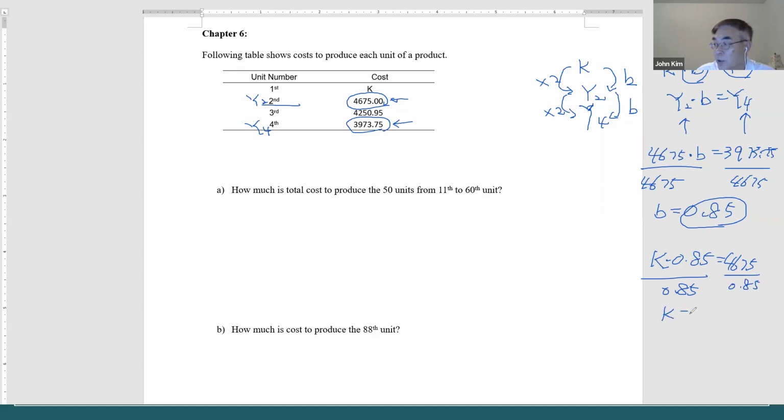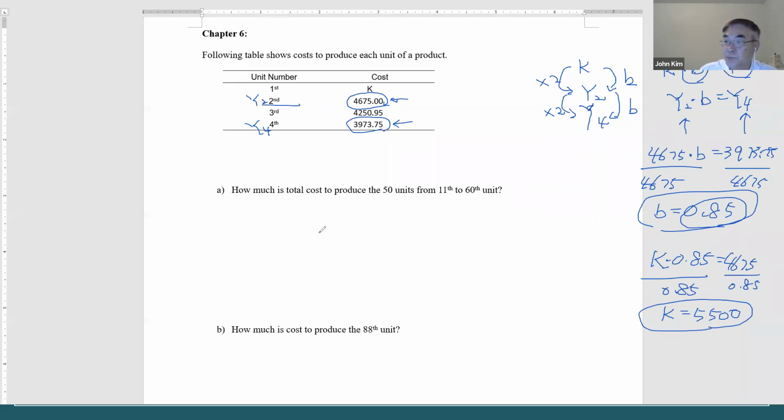So K equals, anybody? 5,500. Yes, right? Okay, so far, do you have a question on how to get B and how to get K? Hopefully everybody understood.